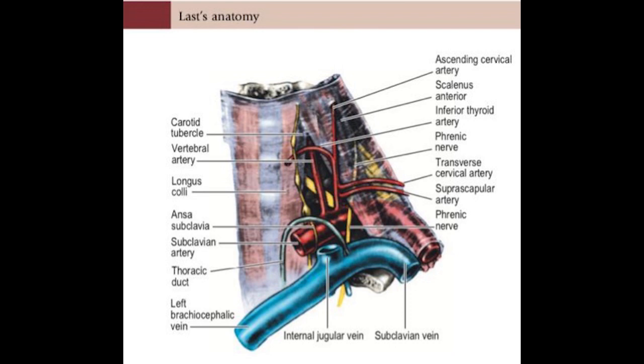Both muscles, the scalenus anterior and longus colli, are covered by the prevertebral fascia, but the space is not covered by fascia. Then the base: the base is the subclavian artery, and the apex is the carotid tubercle on the transverse process of the sixth cervical vertebra.